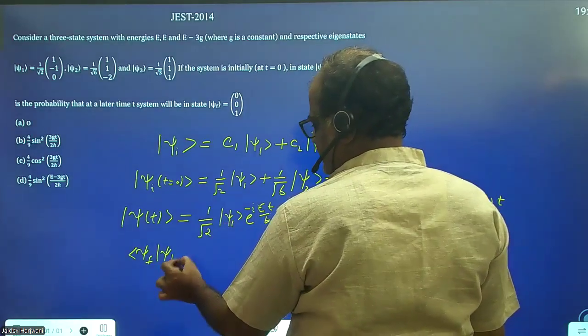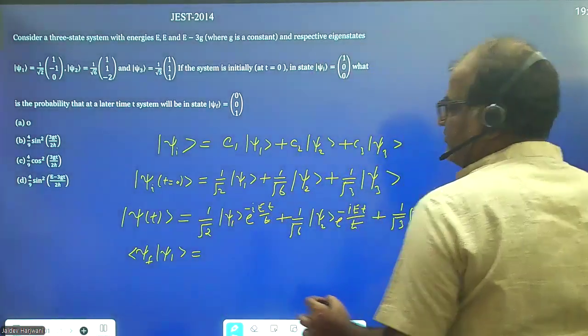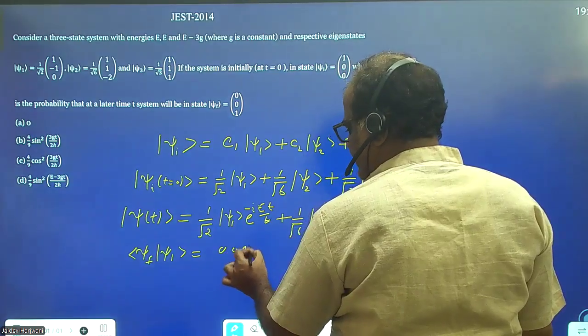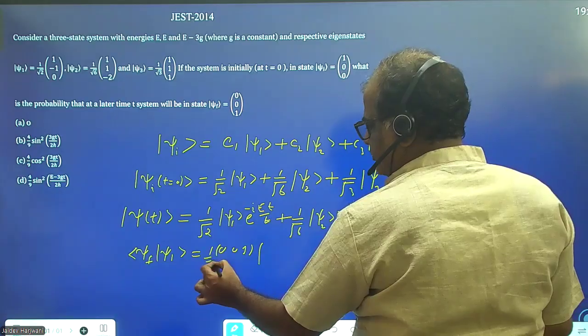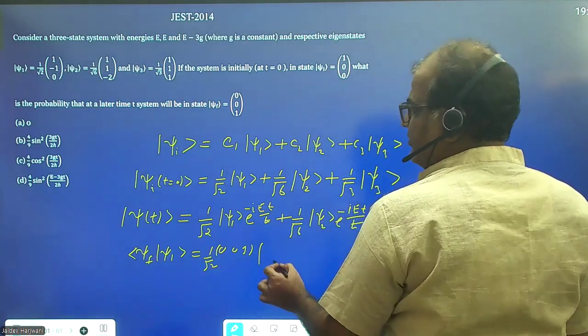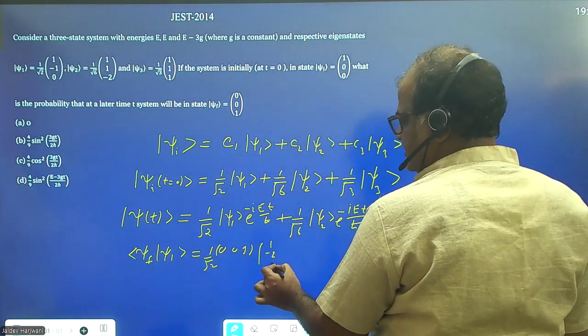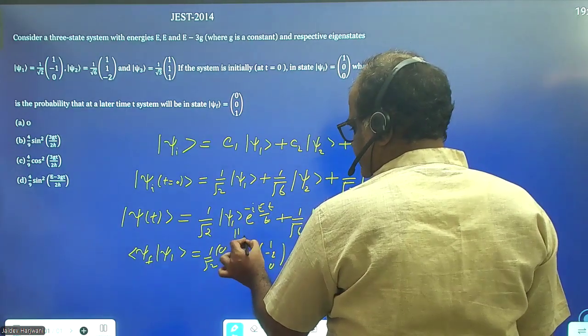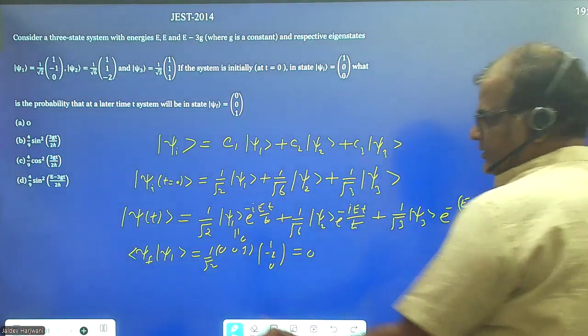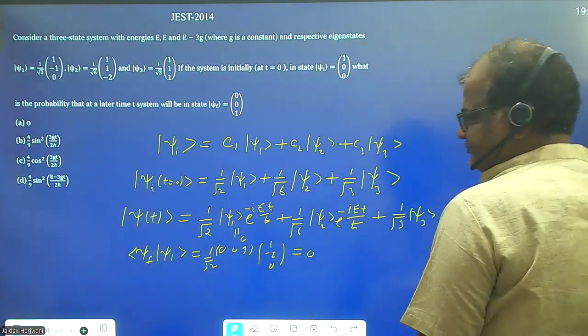Psi 1 is this one. So psi f is (0, 0, 1) and psi 1 is 1 upon root 2 times (1, minus 1, 0). So this will give me 0. So this term will become 0 if I take the amplitude.